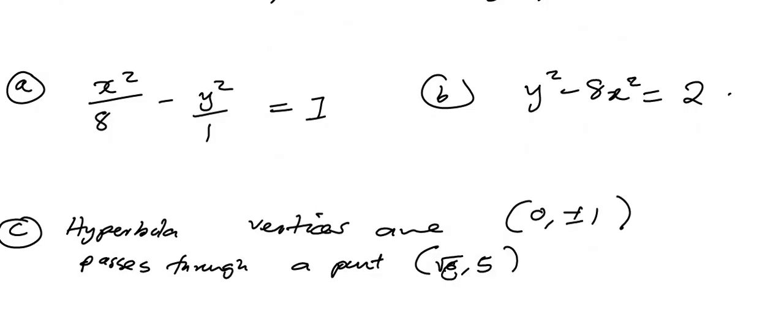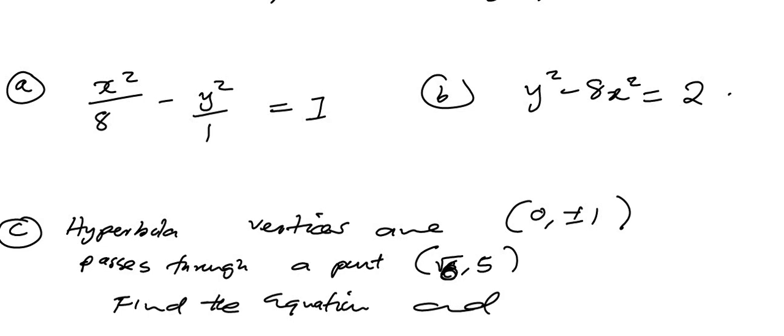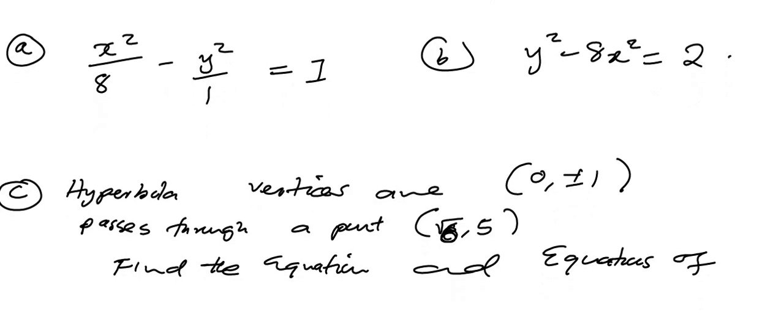This is root of 6. They're saying find the equation of the hyperbola and equations of the asymptotes.